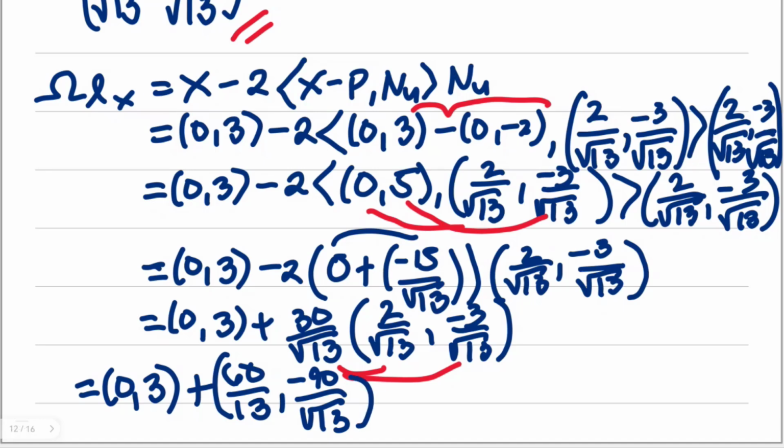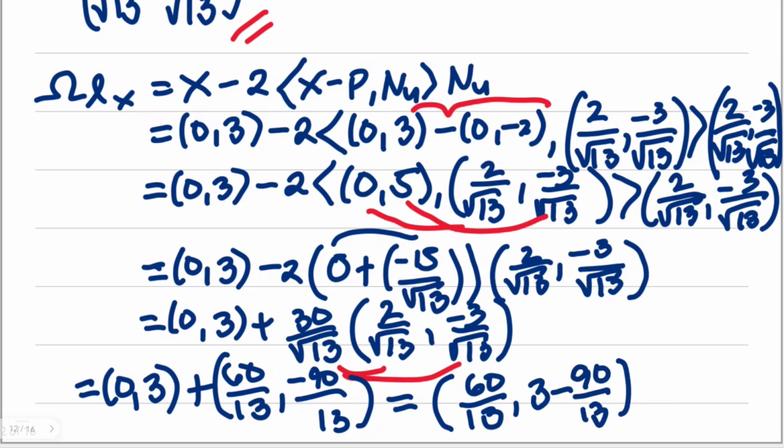Okay, hopefully it's correct. So we add them for the final result. You have 60 over 13, and then what is 3 minus 90 over 13?